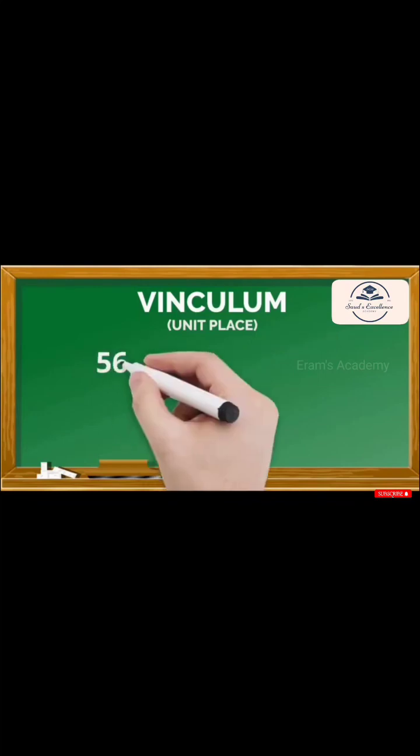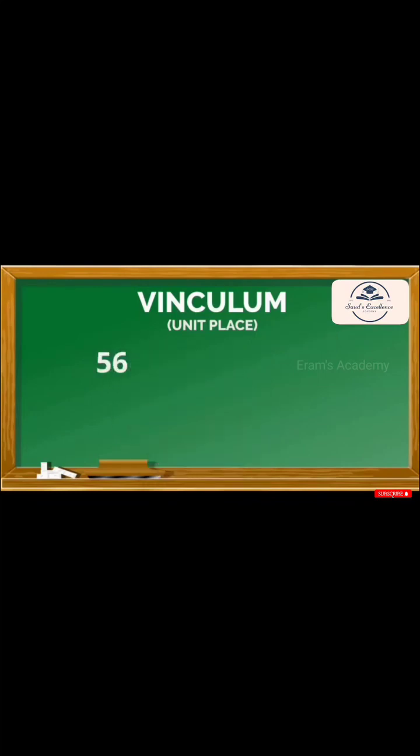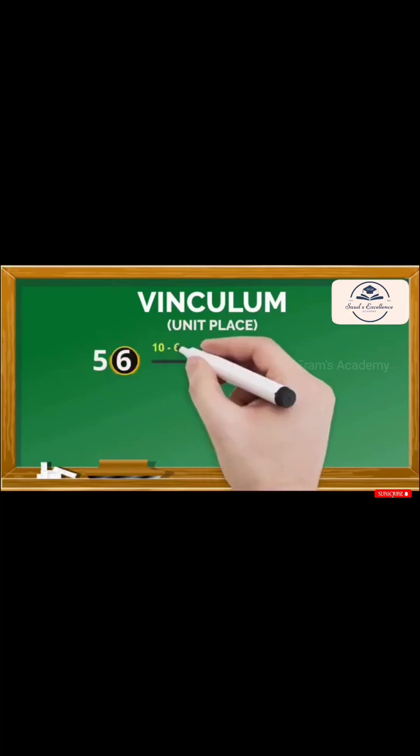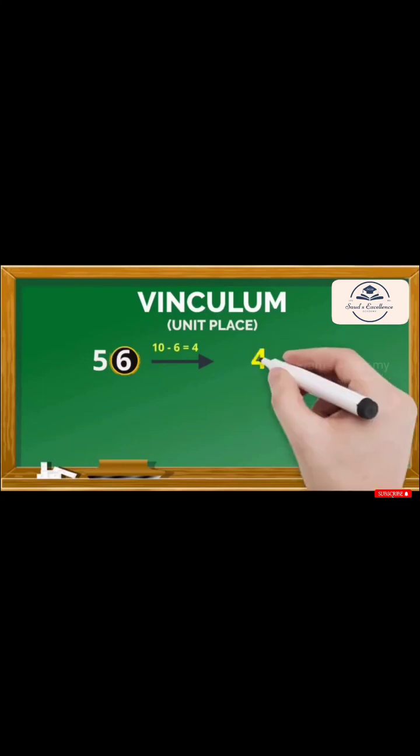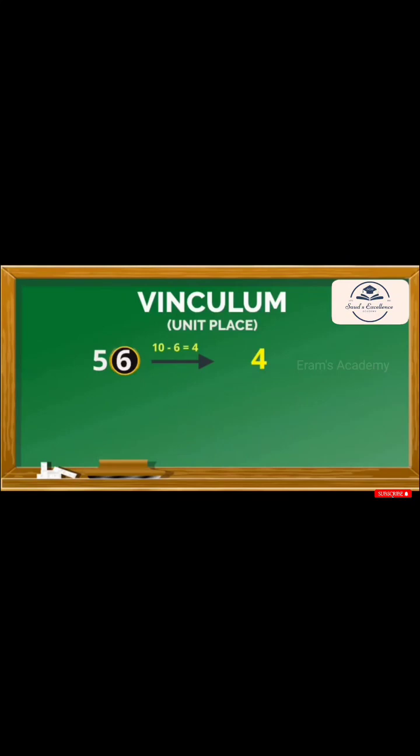Let's start with an example like 56. First we have to subtract the unit digit from 10, so subtracting 6 from 10 we get 4. We write 4. We make a bar above 4.